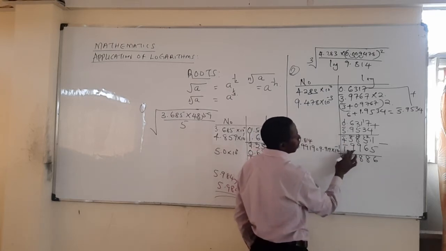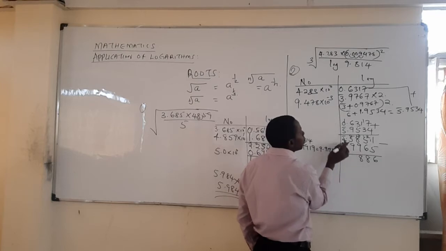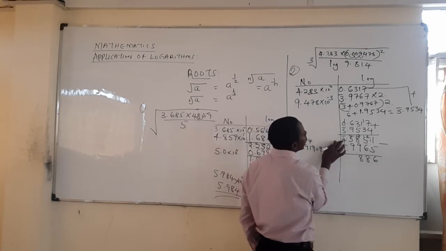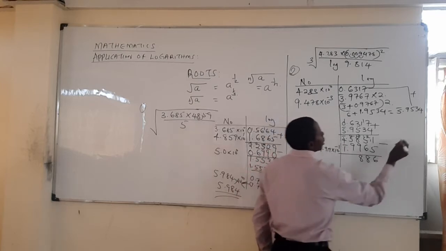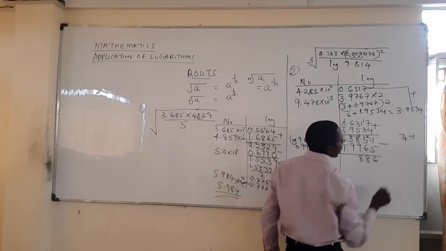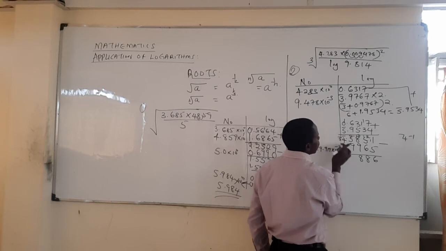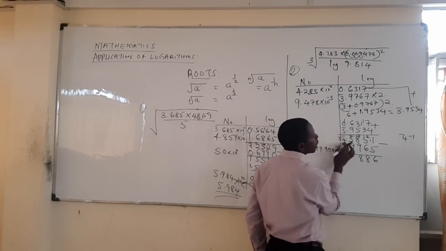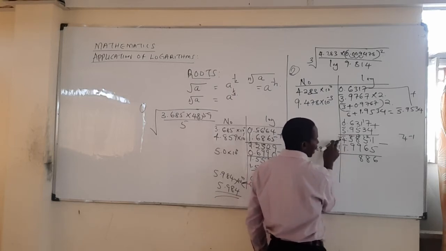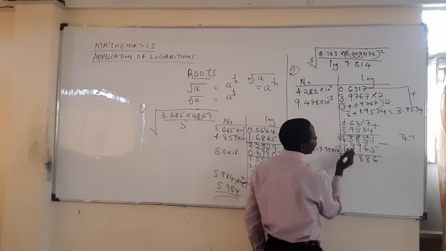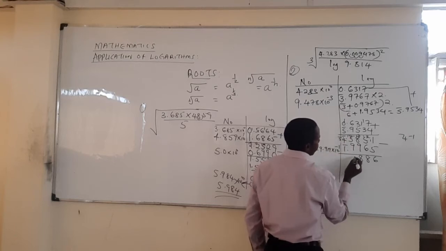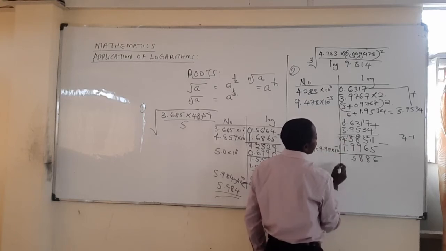Now 4 cannot subtract 9, so we are going to borrow 1 from minus 4. We borrow 1, so this case is going to remain with minus 5. Then you're going to be having our 14 there, minus 9, which is 5 point.